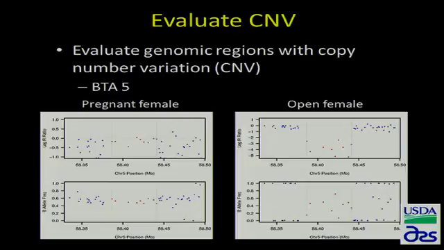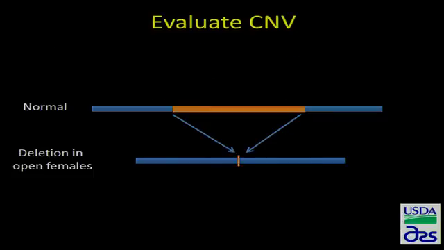In a pregnant animal, we see normal intensity of the SNPs across this genomic region. However, in an open female, we see normal intensity, and then we get this drop, and then it goes back up to normal intensity, indicating that there is a deletion in that animal of this section of the genome.